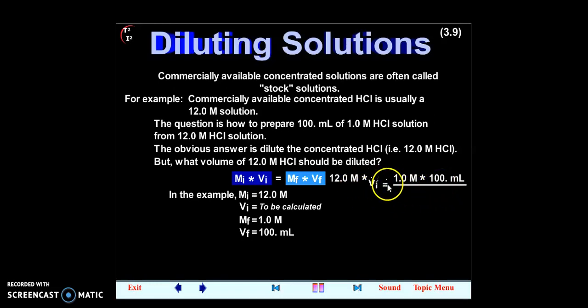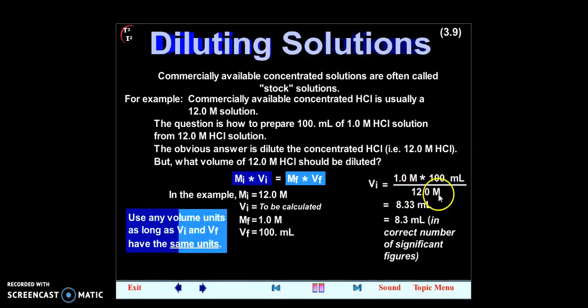Now to get your Vi, you divide by 12 molar. That is 1 times 100 divided by 12, which gives us 8.33. So you need a volume of 8.3 ml of the 12 molar solution.